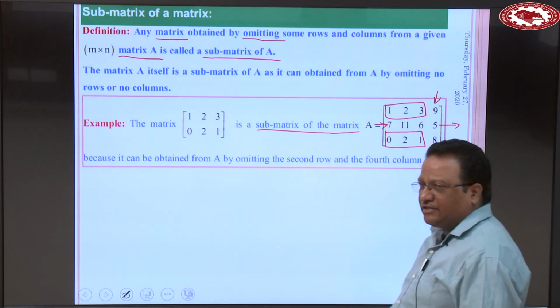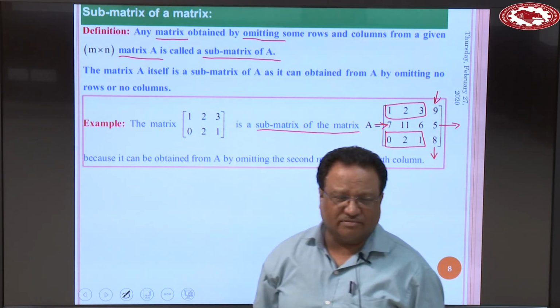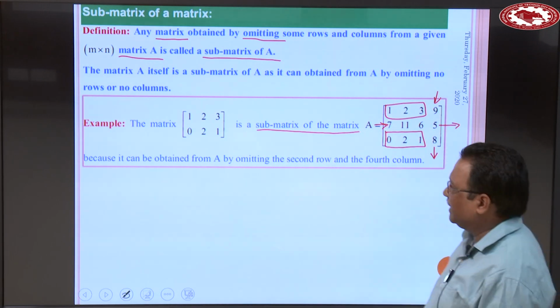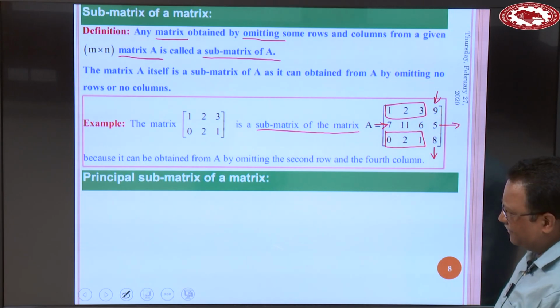So, any matrix which can be obtained from a given matrix by omitting rows and columns is known as a submatrix of a matrix A.